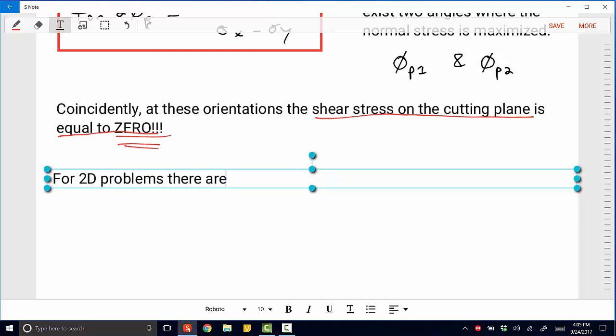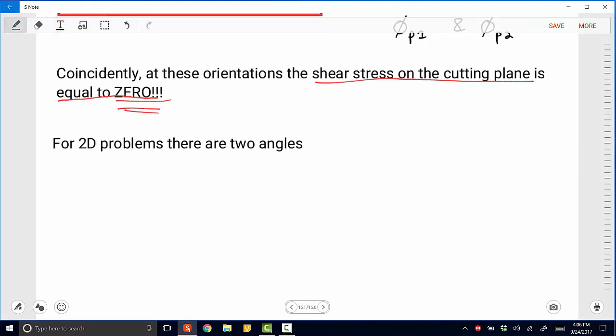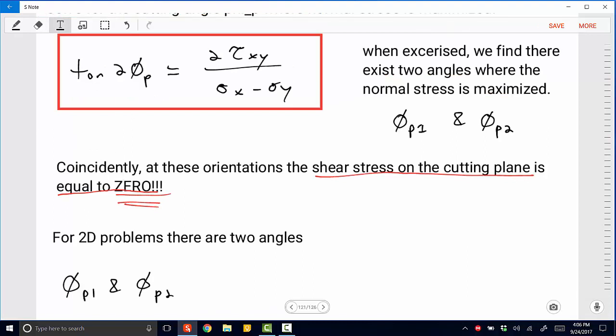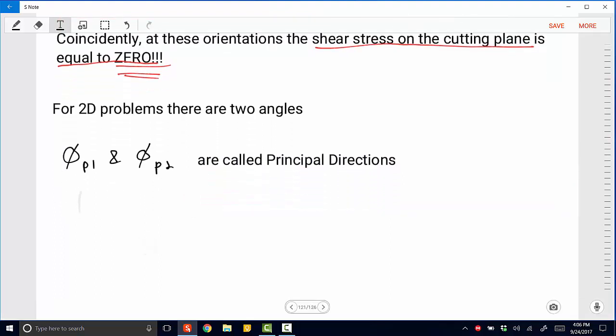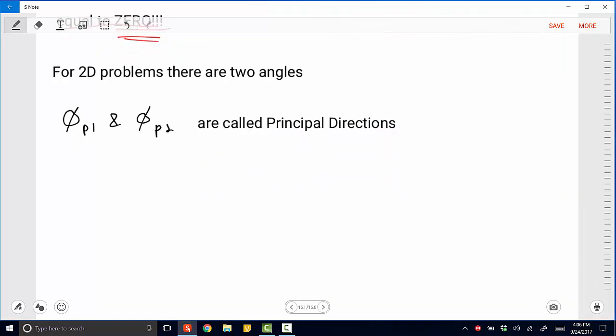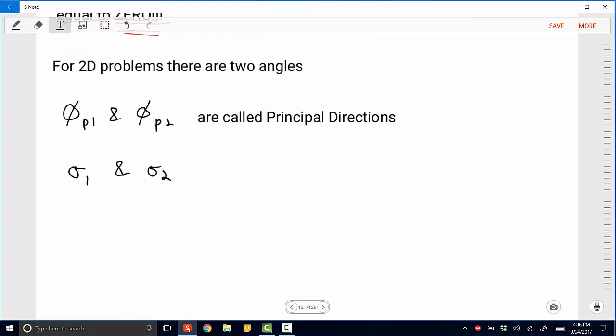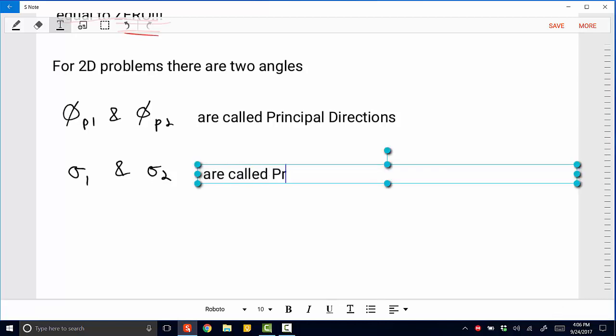For 2D problems, there are two angles, and the angles phi P1 and phi P2 are called principal directions. And associated with each of these angles, we will find a value of normal stress, sigma 1 and sigma 2. And these stresses are called principal stresses.